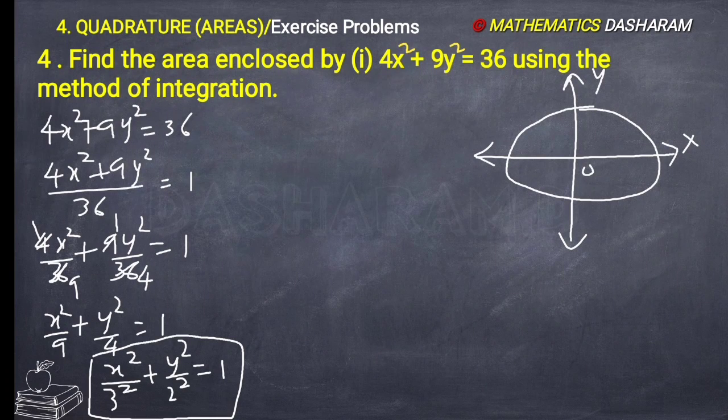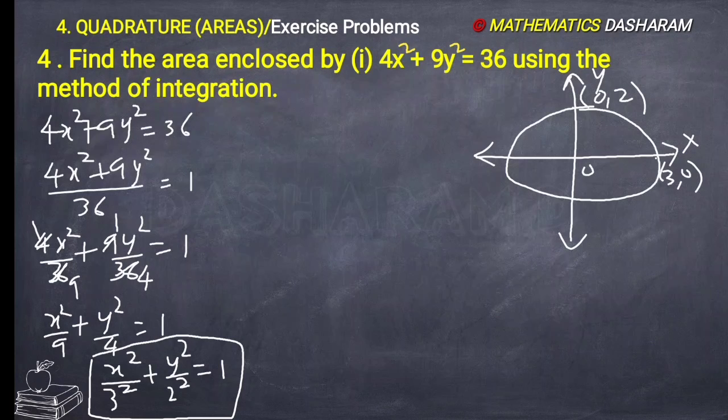So here 3 square means the ellipse will intersect the x-axis at 3, 0. 2 square means it will intersect the y-axis at 0, 2. And we know that this ellipse divides into 4 equal parts. This is the first, this is the second, this is the third, this is the fourth. These 4 parts are of equal area.